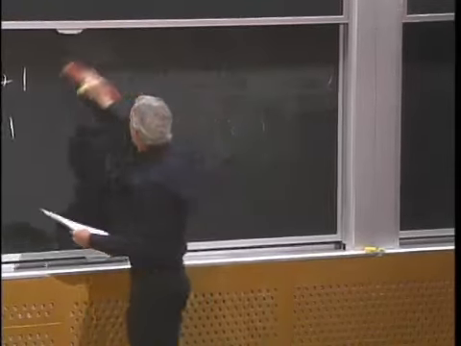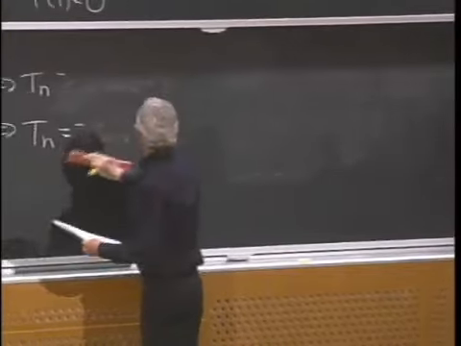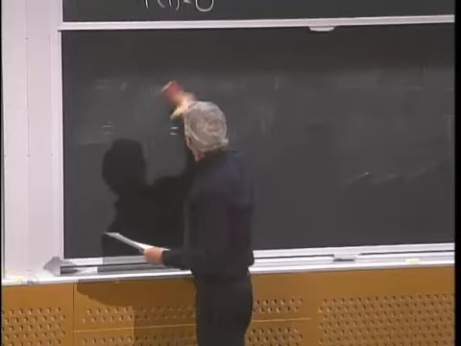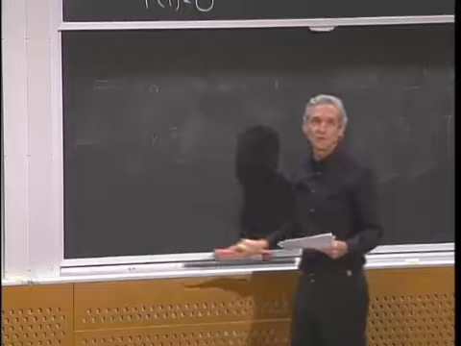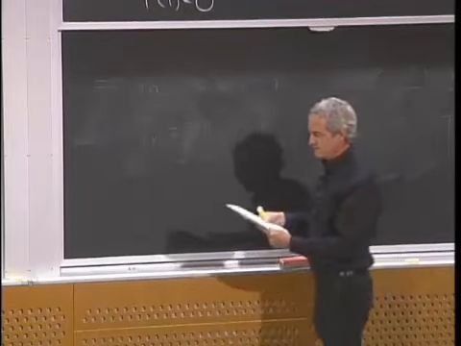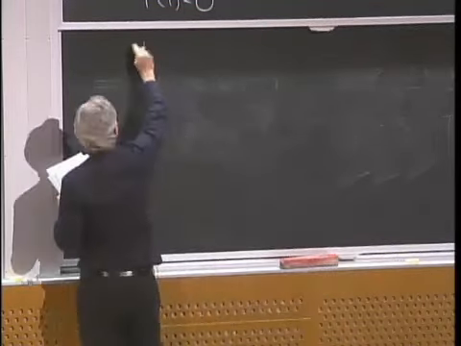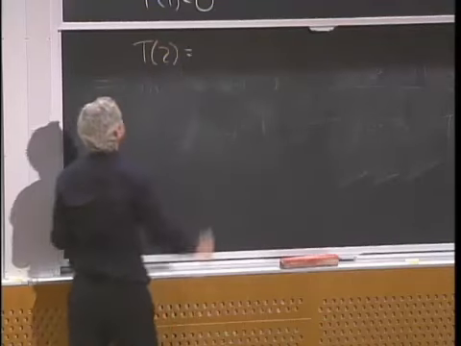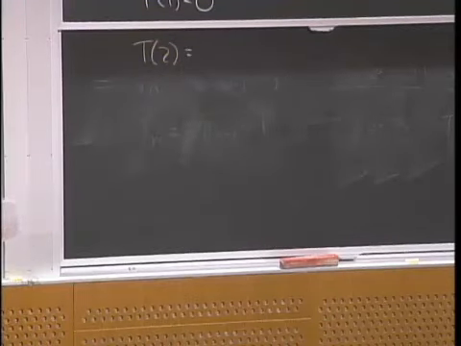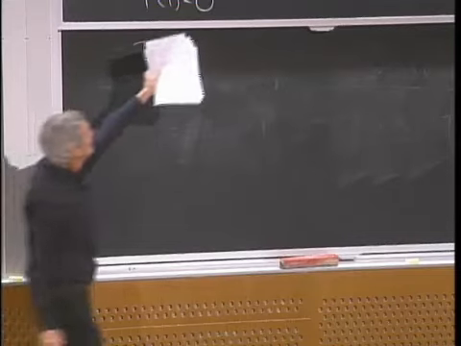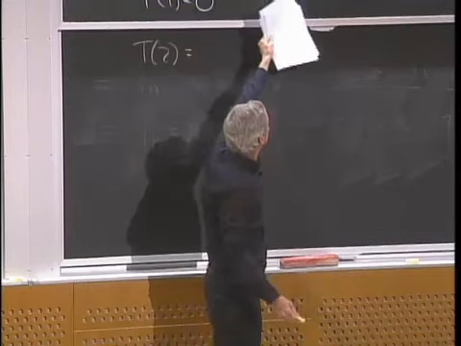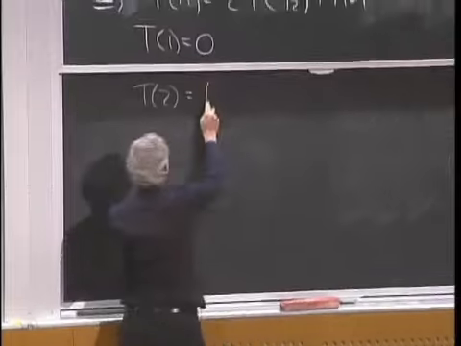The first thing to always do when you see a recurrence is to compute a few values and try to guess the answer. So what's T(2)? 1. Plug it in: I get 2T(1), T(1) is 0, plus 2 minus 1, that's 1.